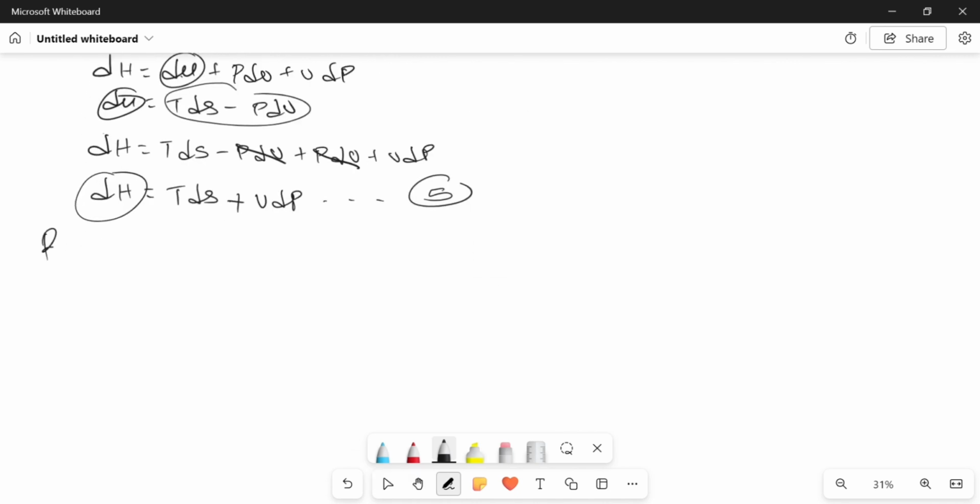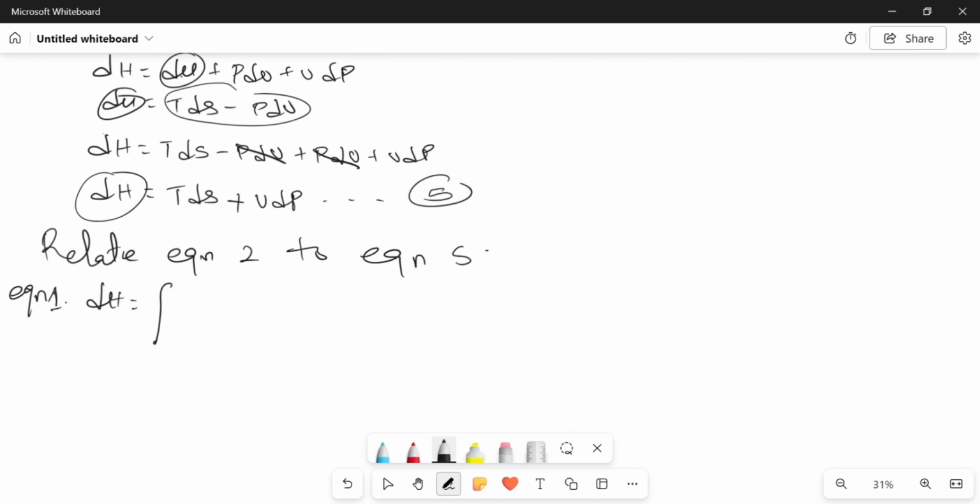So, relate equation 2 to equation 5. Now equation 1, what's our equation 1? Equation 1 is, we said our dh is a function of both temperature and pressure.